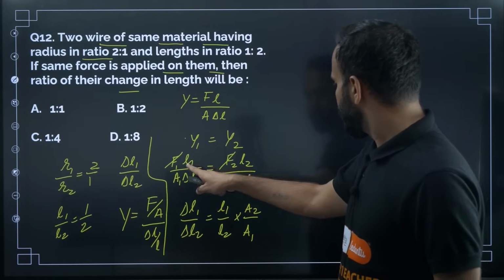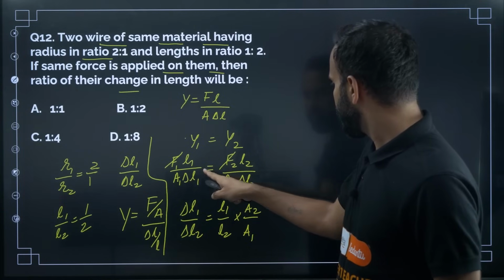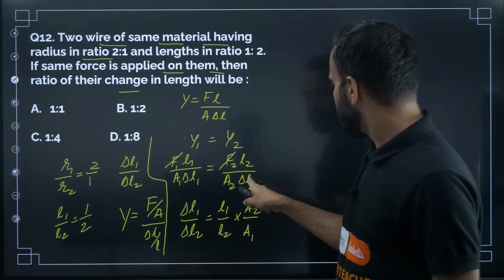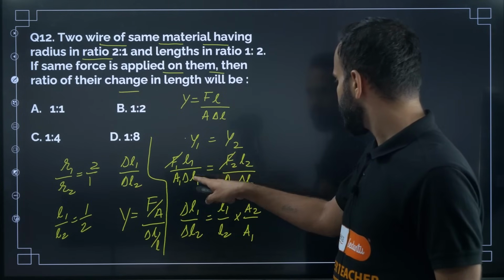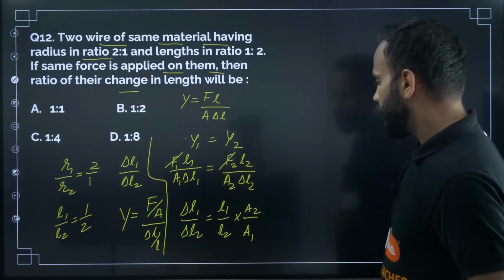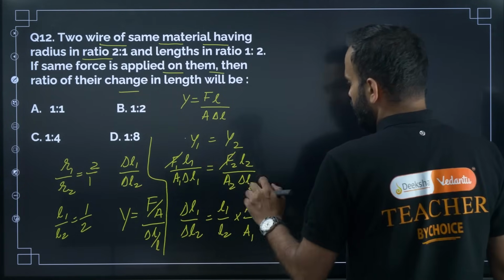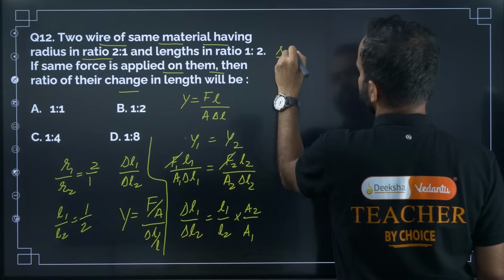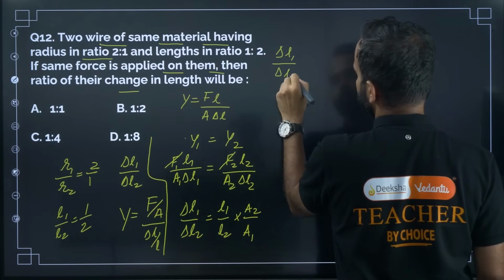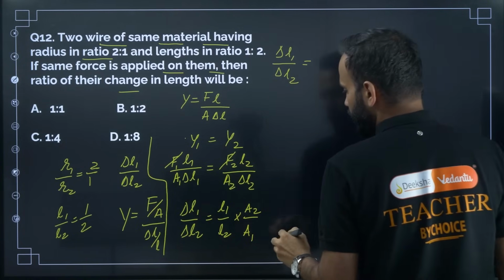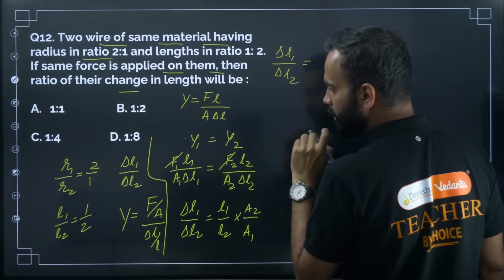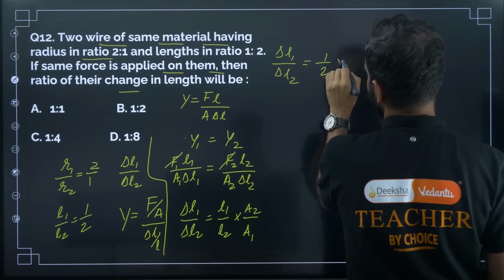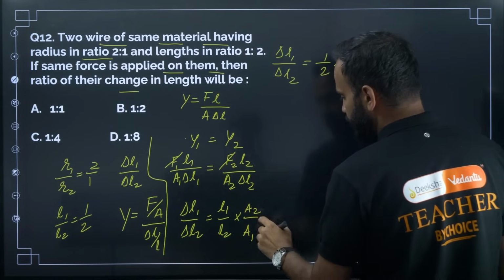So let's check: delta L1 divided by delta L2, take L2 to the other side, so L1 by L2, and A2 to the other side, A2 by A1, yeah, correct. So now delta L1 by delta L2 is equal to L1 by L2, which is 1 by 2, into A2 by A1.